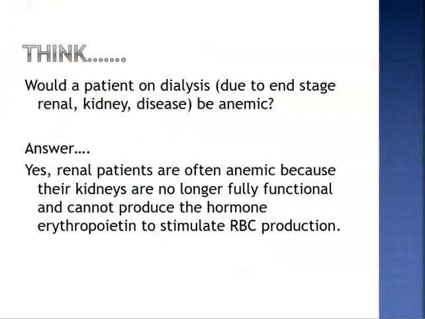This is a critical thinking question that kind of sums up what we've been over today in lecture. And if you really think about it, you should be able to come up with the answer. I know the answer is right here, but try to think about it before you read the answer, and think about the information that we've learned today. So, would a patient on dialysis due to end-stage renal or kidney disease be anemic?